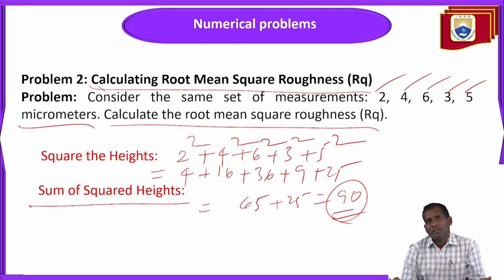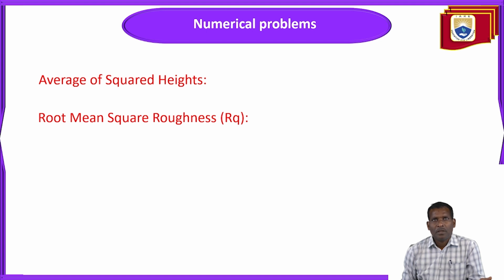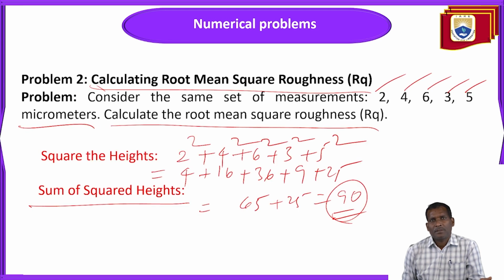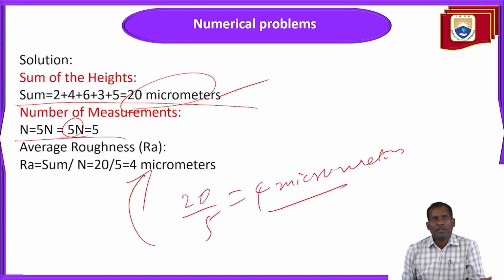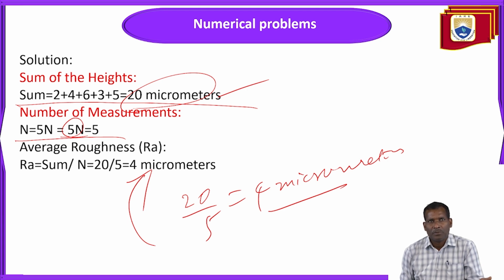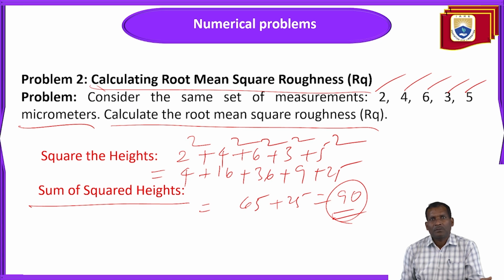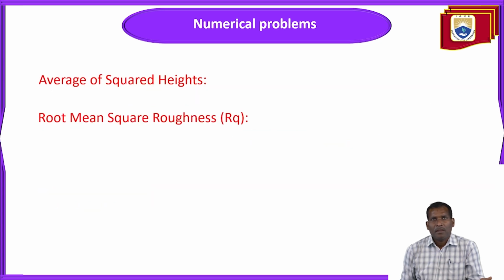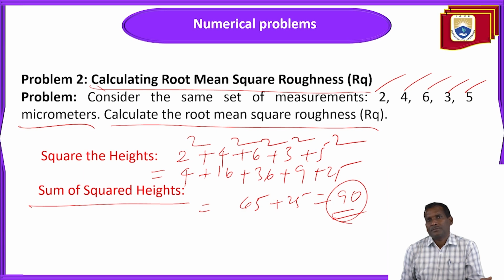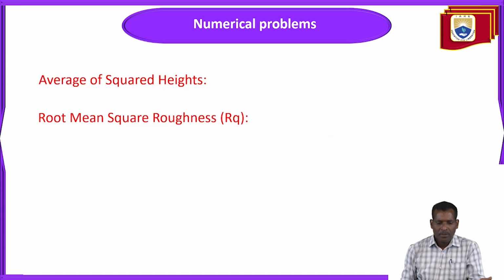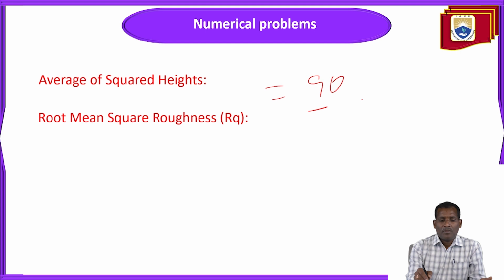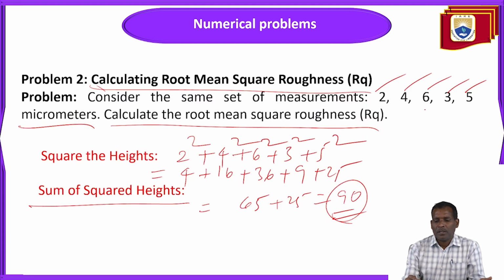Now calculate the root mean square roughness value. So, the average of squared heights and root mean square. In the previous case, what we did was the sum of heights over the number of measurements taken, which gave the average roughness. Here, the average of squared heights is the total 90 divided by the total number of intervals: 1, 2, 3, 4, 5.